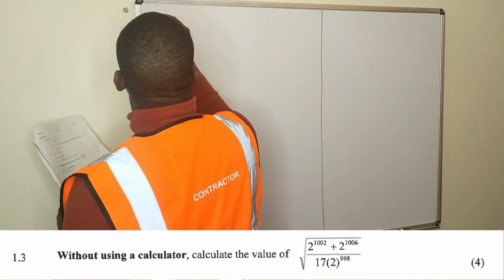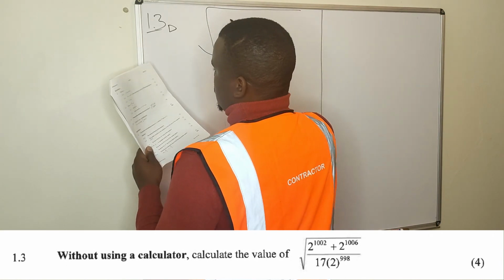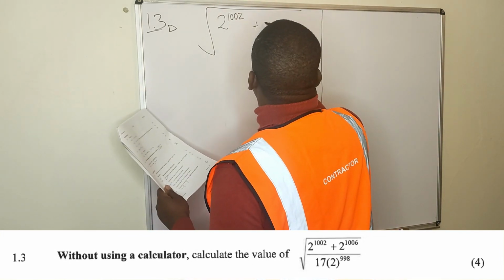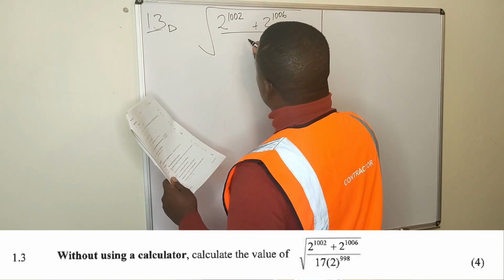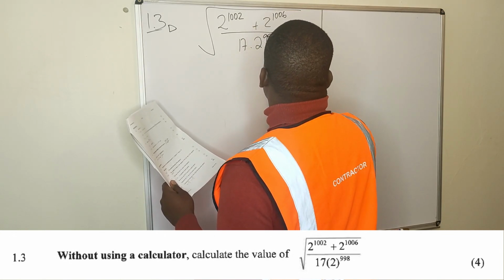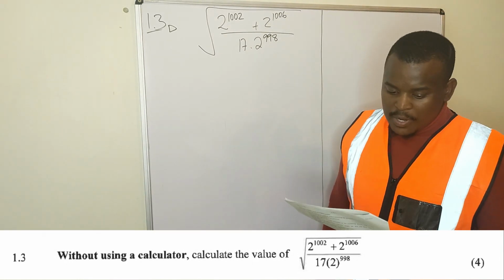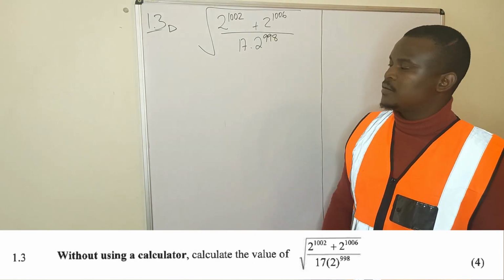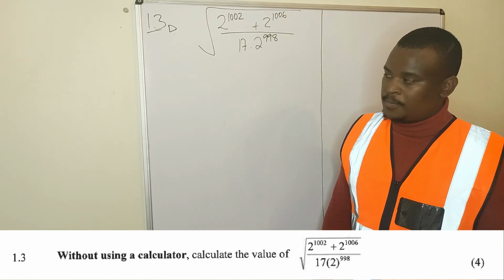So, 1.3 reads as follows: without using a calculator, calculate the value of this thing. So they want you to find the value of this thing without using a calculator.